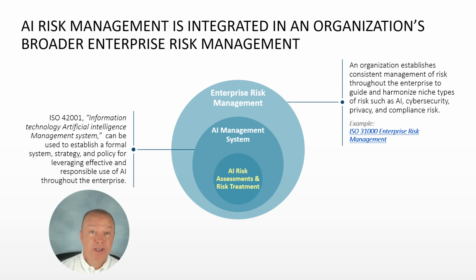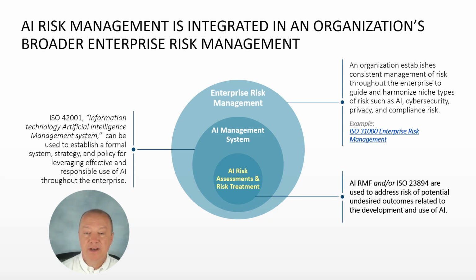Now, ISO actually has a framework for establishing an AI management system, and part of that management system is managing AI risks. So we can look to ISO 42001, just released in 2023. It's entitled Information Technology, Artificial Intelligence, Management System, and this can be used to establish a formal system, strategy, and policy for leveraging effective and responsible use of AI throughout the enterprise.